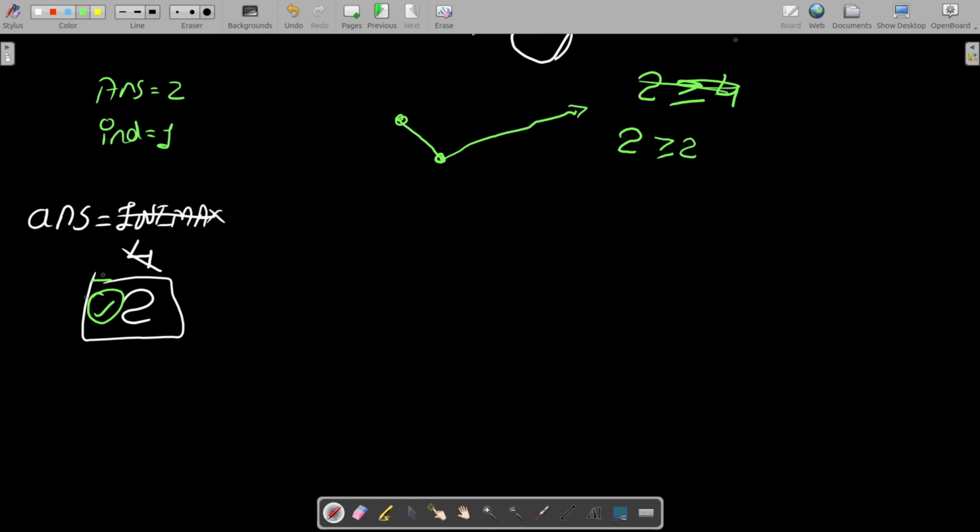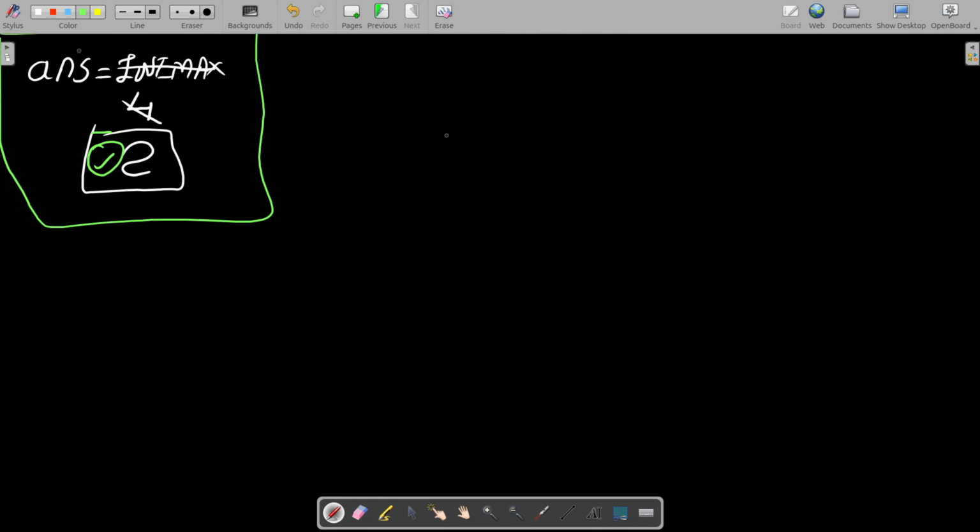Now we got our answer as 2 by this method. So let's write the pseudocode of it. First we would take the nums, and we have to take the prefix array.